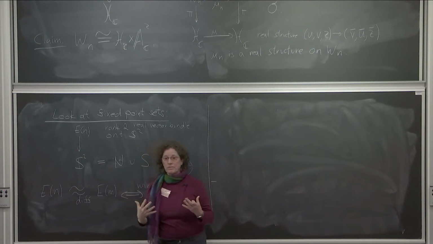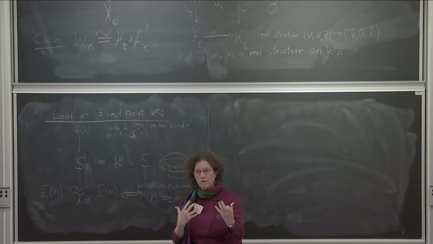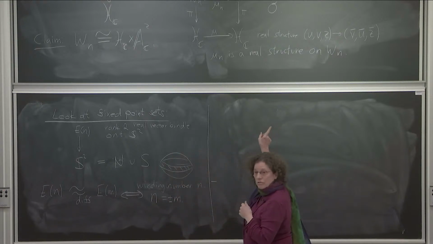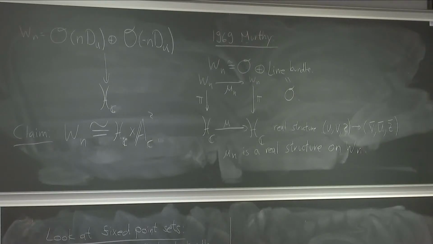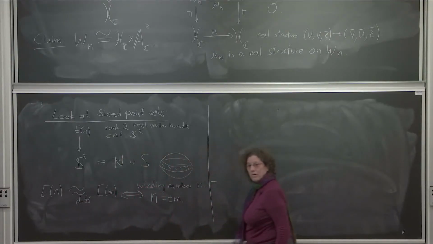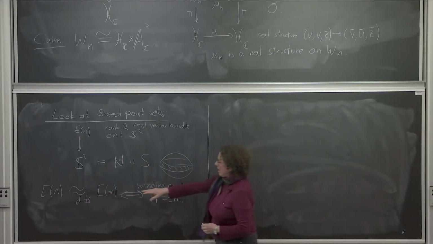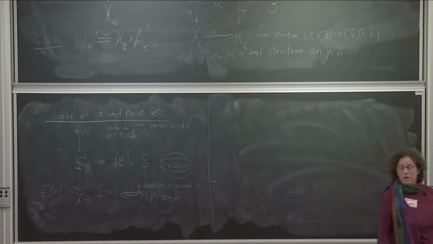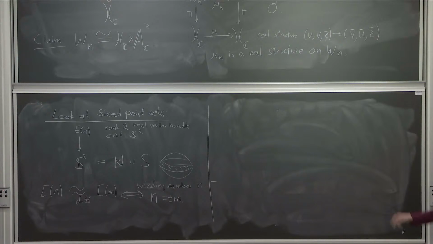And if the fixed point sets are not diffeomorphic, that means that the original real structures are different. So if they're never diffeomorphic, for n equal 1, 2, etc., I'm going to get a different one. For 0, I get a trivial one. For 2, I get the tangent bundle of the sphere. And I say that they're all topologically different.